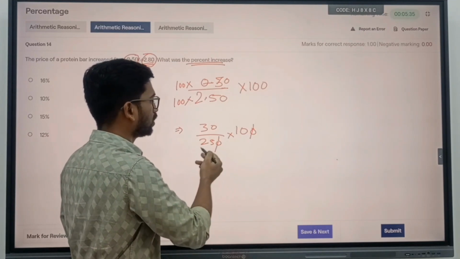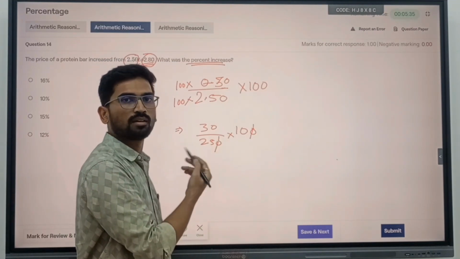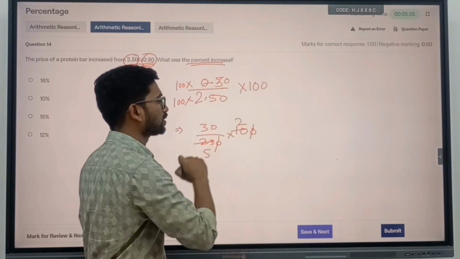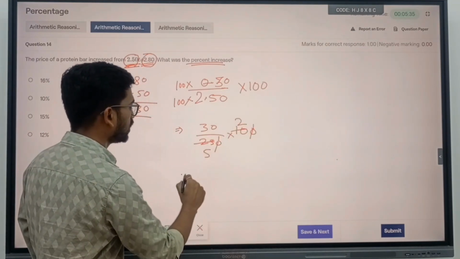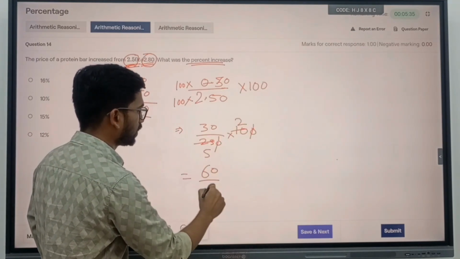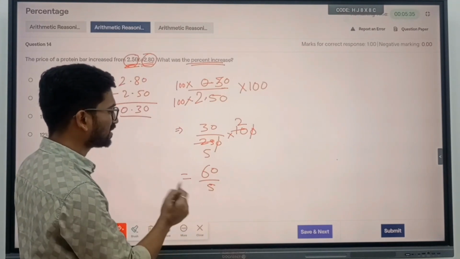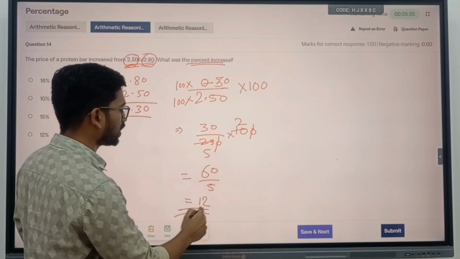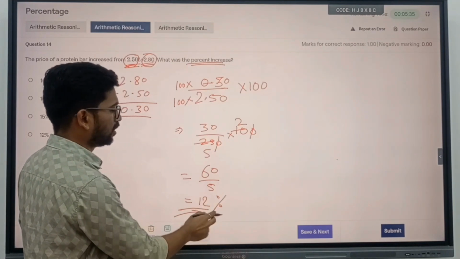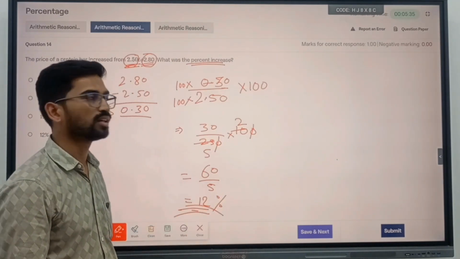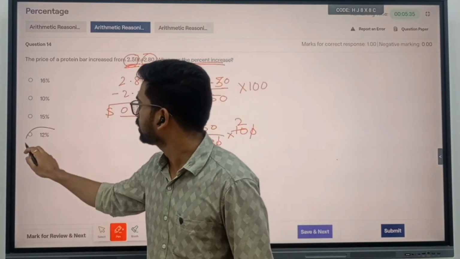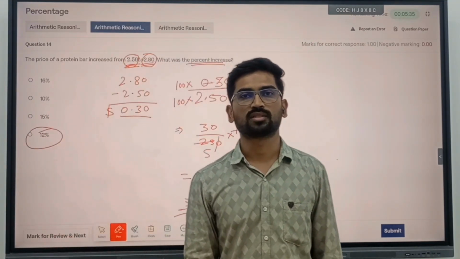Again, we can divide both 25 and 10 by 5. So 5 5s are 25. 5 2s are 10. 30 into 2 is 60 divided by 5. What is 60 divided by 5? It is nothing but 12. So percentage increase will be 12 or 12%. Which option is correct? Here, option number 4 is correct, which is 12%.